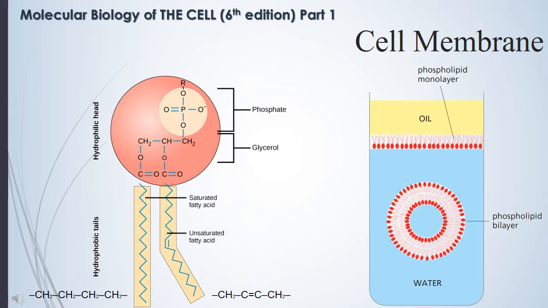That creates a monolayer. Now, if we have a bilayer, as you can see, a spherical structure in the water, the polar groups are always towards water, and the hydrophobic tails come together away from the water, therefore forming a bilayer.